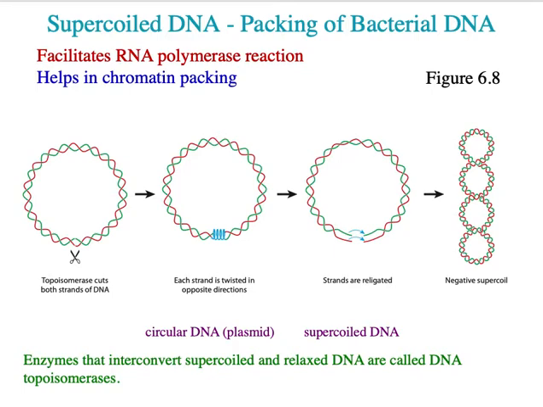Bacterial DNA can be supercoiled, and this is really helpful because it helps pack the DNA. Bacterial DNA can be in a circular genome, so it will be in a circle like this, and it will pack into these different coils, and they'll coil on itself.